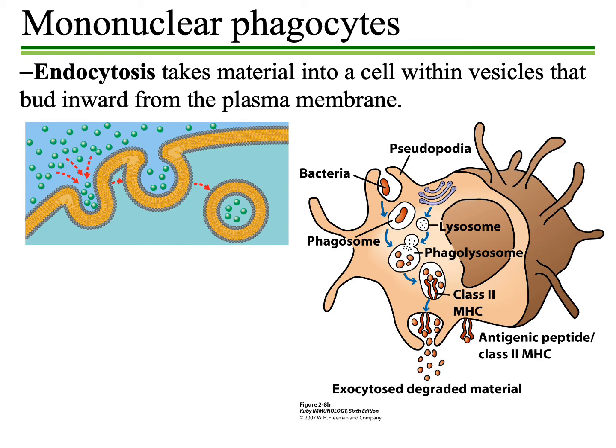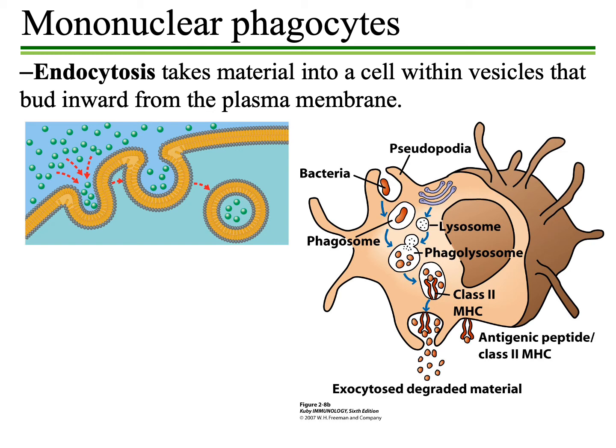Again, this process is a very common process for the uptake of large molecules or components into a cell. There are several specific mechanisms of endocytosis. Specifically, we're going to focus on phagocytosis.